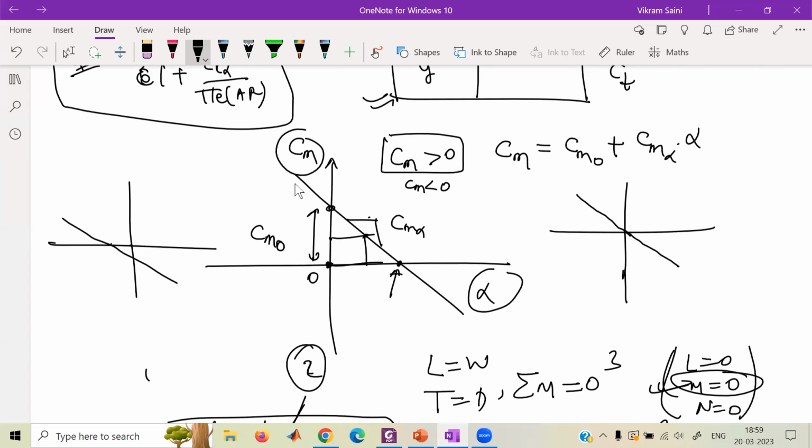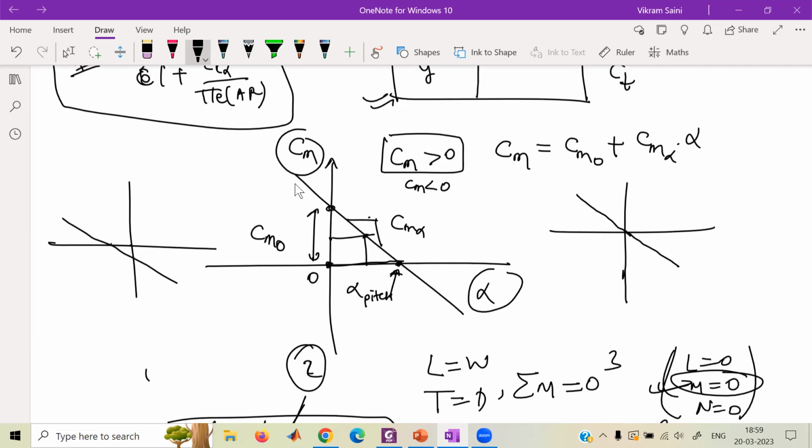So aircraft is being pitched at this angle of attack, alpha. Is it clear so far why Cm should be 0? Yes, sir. It is clear. Very good. Now it's clear that Cm should be 0.